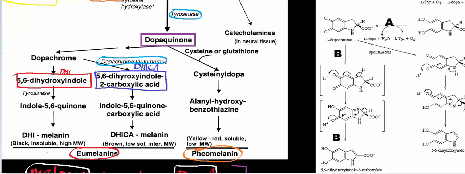Okay, in which case each monomer of the different pathways is different. I want to make sure you understand that dopaquinone is a branch point to go to either pheomelanin or eumelanin.